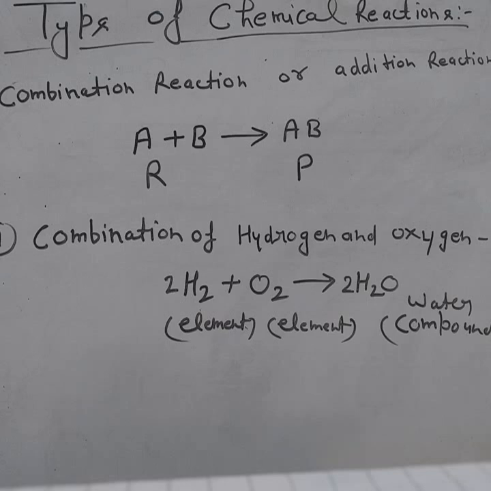First we will explain combination reactions. What is a combination reaction or addition reaction, with examples? The chemical reaction in which two or more reactants react together to form a single new product is called a combination reaction.